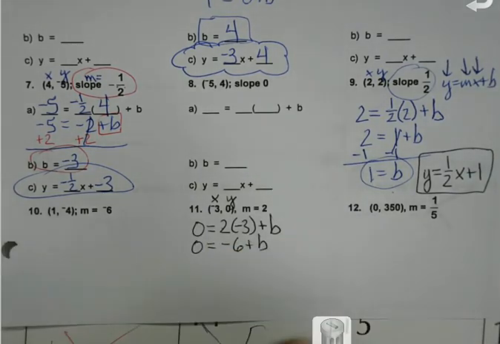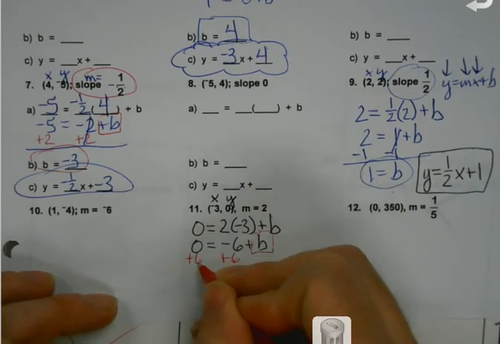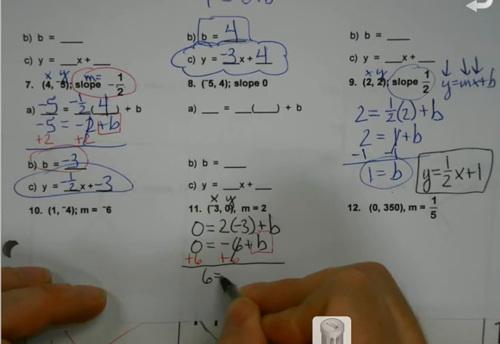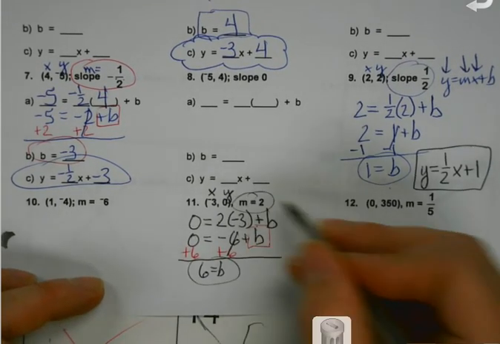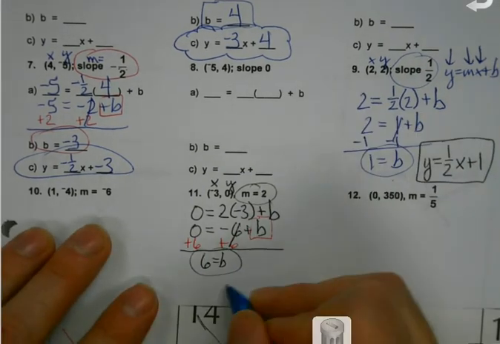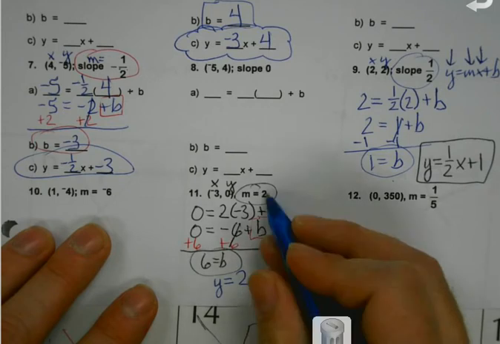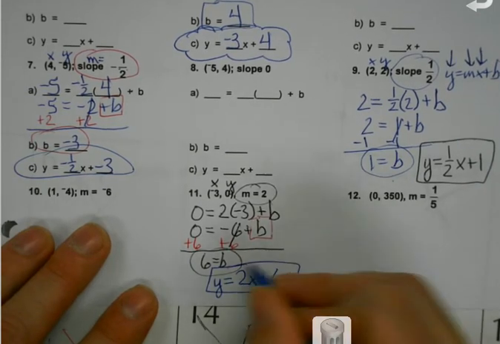And again, my goal is to get b by itself. And there that is. I already got my m up here. So the equation would be y equals mx plus b. And I'm good.